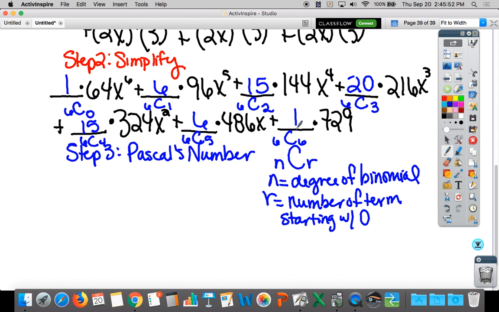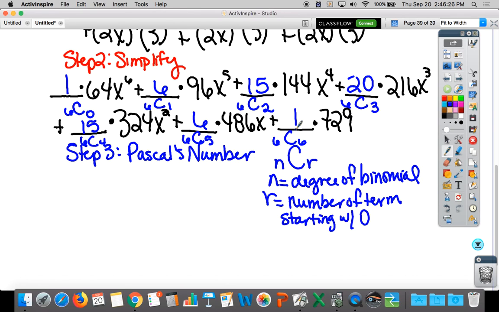So the only ones I technically have to do is the next one, and I know that if it's odd, it's going to come here. So I don't have to do this one because it's just backing up. And then if you have an odd number of terms, there will be one that does not repeat in the middle. So you should have to do half, less than half, or one more than half.